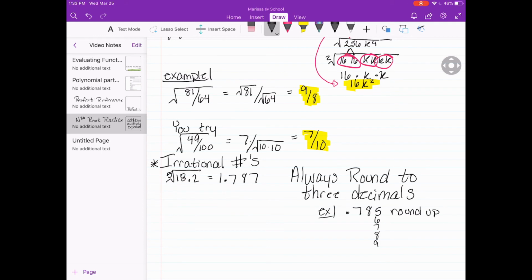So this is only being rounded to 2 decimals, but in this case, you round up.